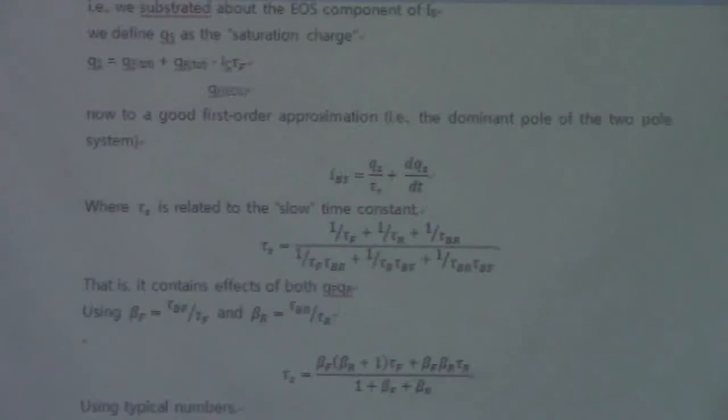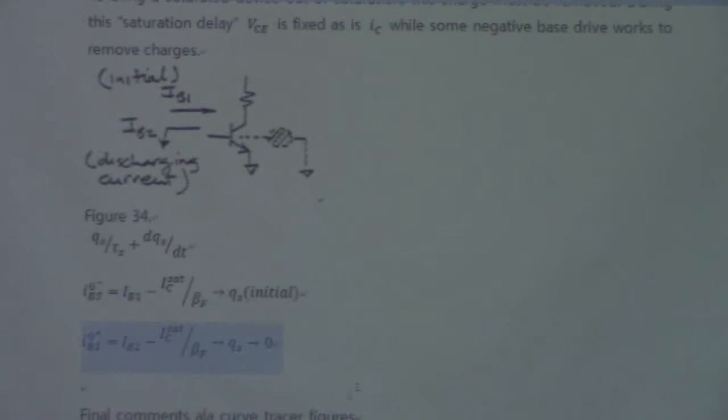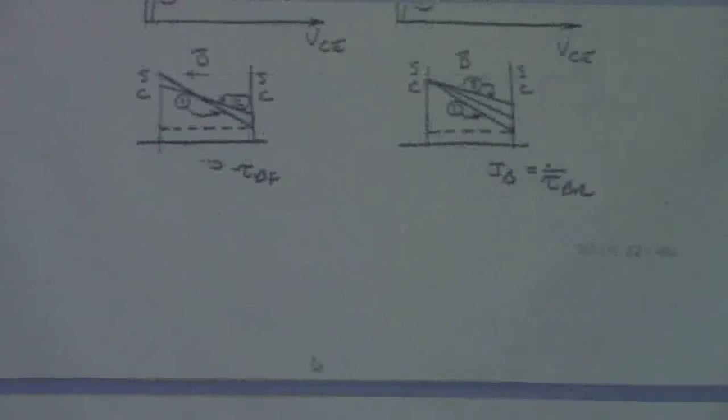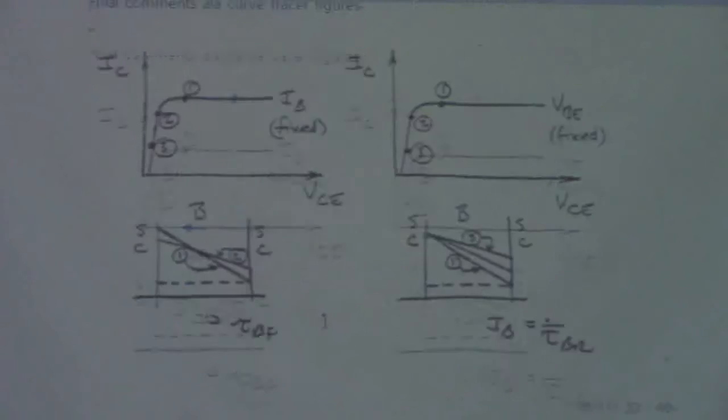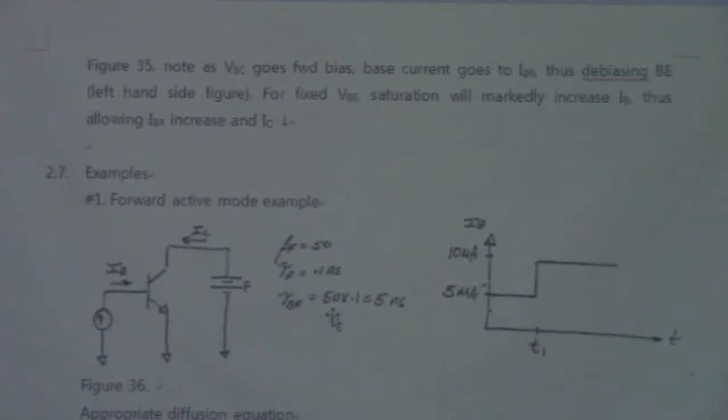So this is the current, and then the initial current can be represented with this, and then the switching current is going to be represented, and then this has to go to 0. Let's talk about this a little bit later, and let's go to the examples first.